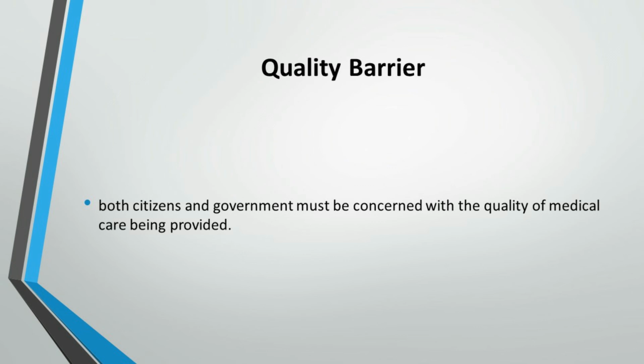Government concerns about quality extend from its social responsibility for regulating the safety and effectiveness of medicines and medical devices on the market, to the quality of care provided to Medicare and Medicaid patients, to perhaps a more fundamental concern with the efficacy of modern medical care as a remedy for health problems.